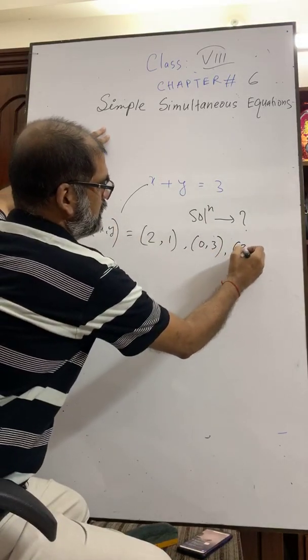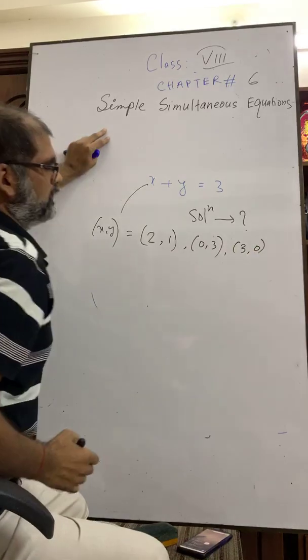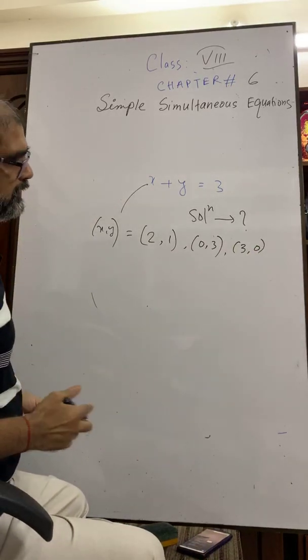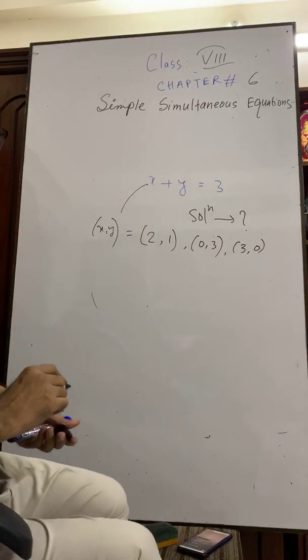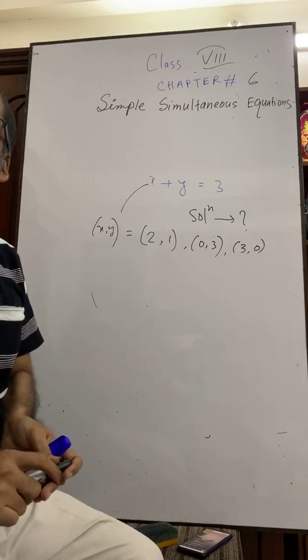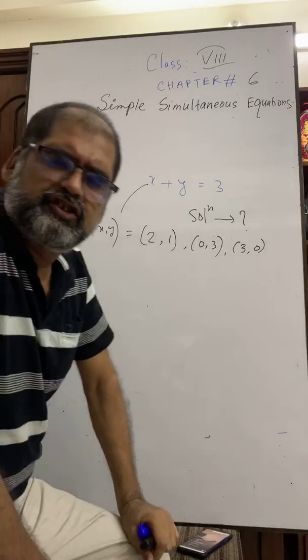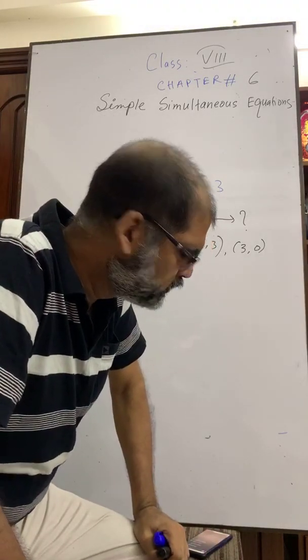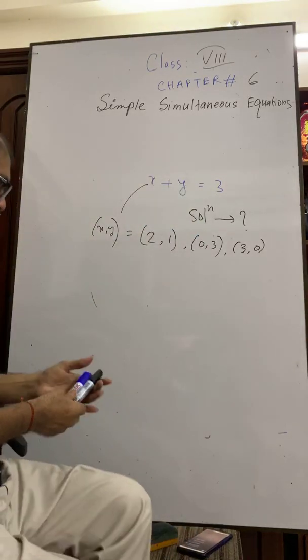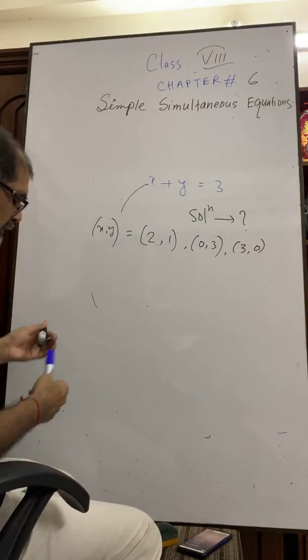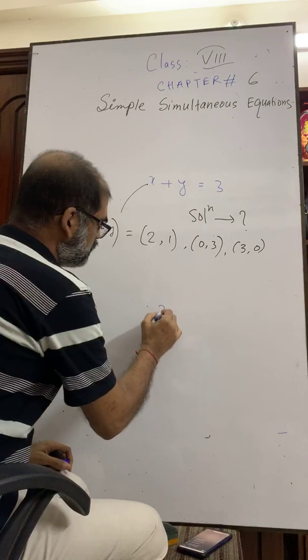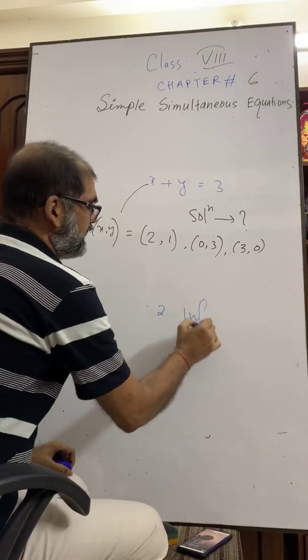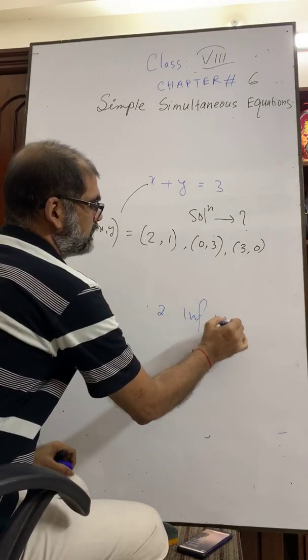Or 3, 0. So there are infinite number of solutions. So what is the answer of question number 2? Infinite number of solutions.